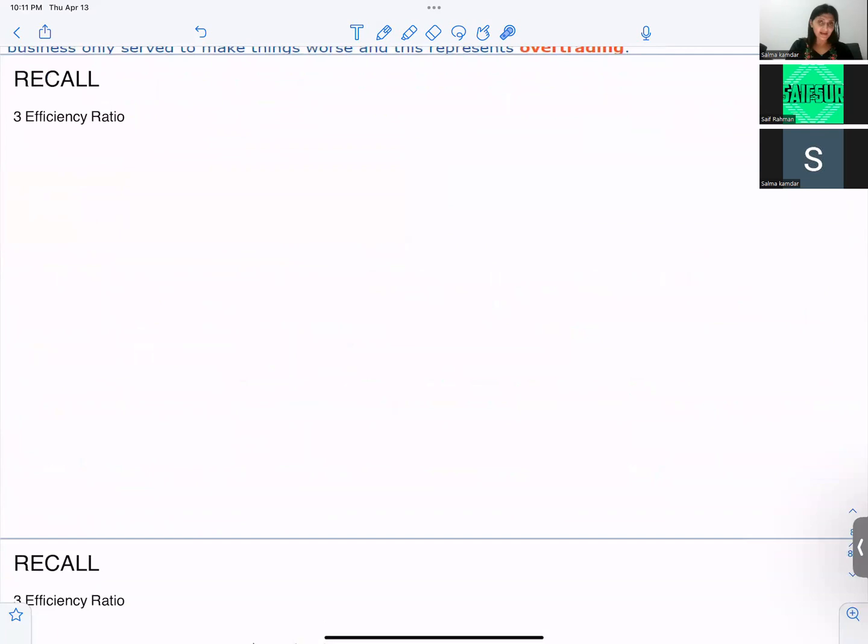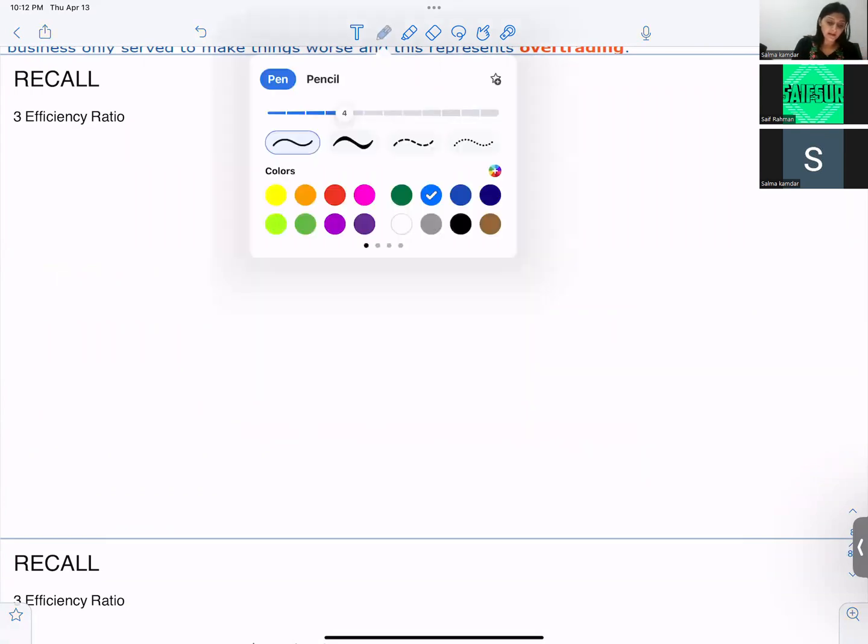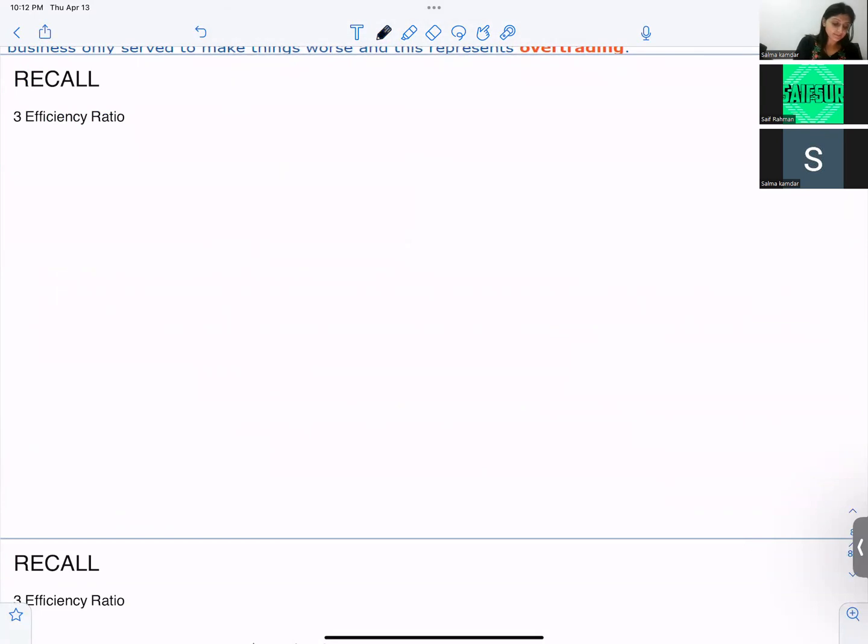Can you recall the 3 efficiency ratios? Okay, I will give you a small hint.